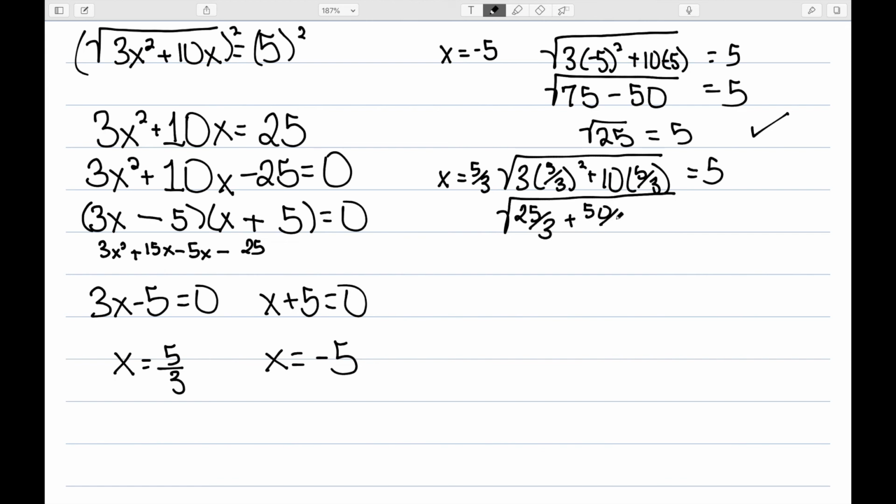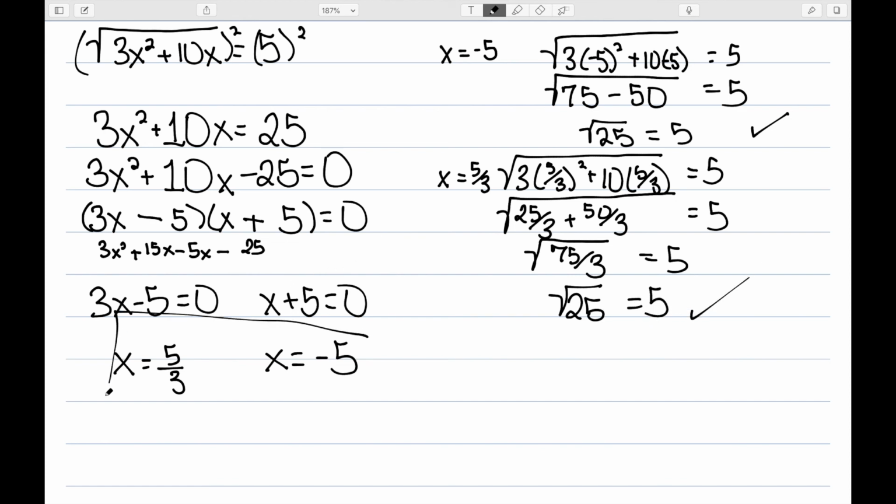Here we have 50 over 3, and that should be equal to 5. 25 over 3 plus 50 over 3 is 75 over 3. And 75 over 3 is just 25. And we know the square root of 25 is 5. So in this case, both of these are valid solutions.